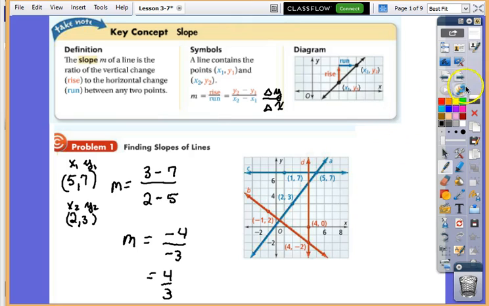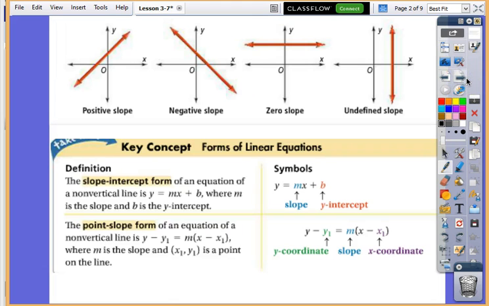Good. All right. So there's also some ways to talk about slope in terms of just looking at the line. If you can draw a stick figure on the line, and the stick figure has to go uphill, that's a positive slope. If you could draw a stick figure on the line, and the figure is going downhill, that's a negative slope.